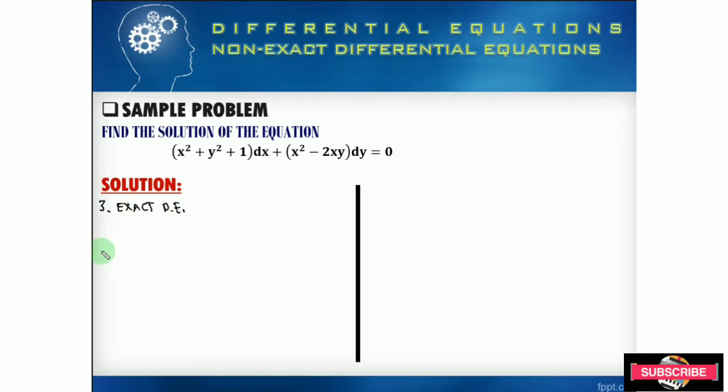According to this, we have to comply that the partial derivative of M with respect to y must be equal to the partial derivative of N with respect to x. In this case, our M is the coefficient of dx, so this is x squared plus y squared plus 1, and our N is just equal to x squared minus 2xy.